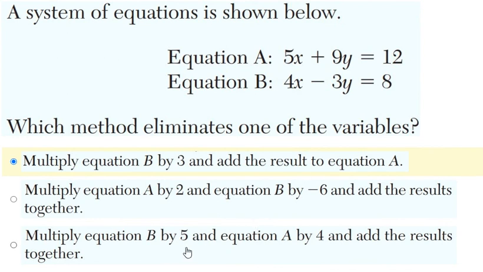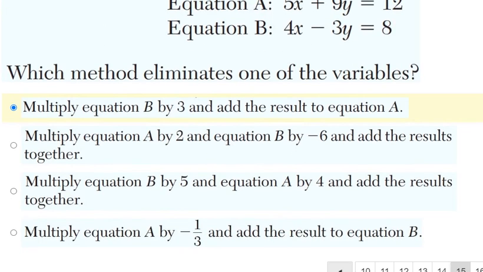If we multiply B by 5, 20x minus 15y, and A by 4, 20x again. So the whole point is the signs, in order for one of them to fall out, need to be opposites. And in this case, for these other choices, that's not happening.